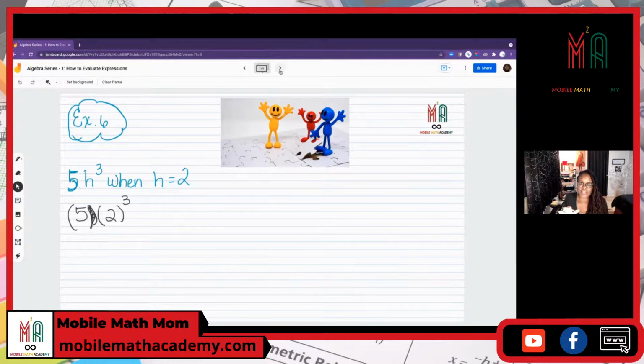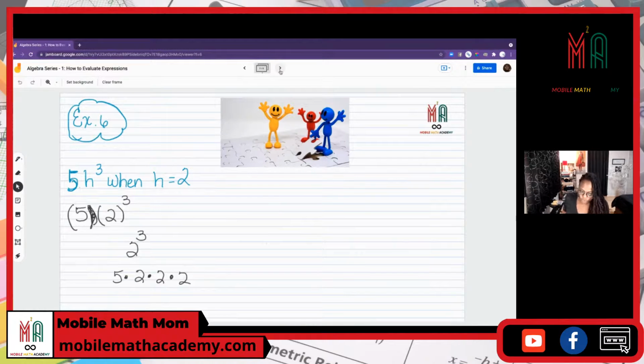I know it says parentheses, but only if there's something in parentheses with an operation between the two terms. This is multiplication. So we have 2 cubed, and 2 cubed is the same as 2 times 2 times 2. And then we have 5 times 2.